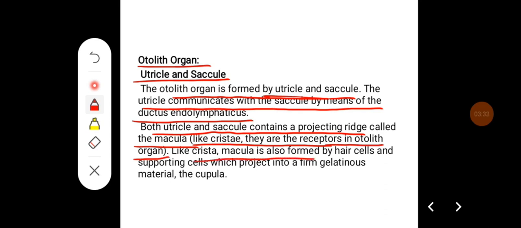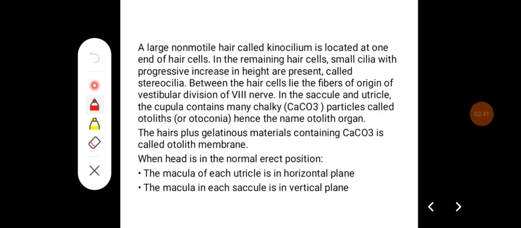Like crista, macula is also formed by hair cells and supporting cells which project into a firm gelatinous material. A large non-motile hair called kinocilium is located at one end of the hair cells. In the remaining hair cells, small cilia with progressive increase in height are present, and they are called stereocilia.